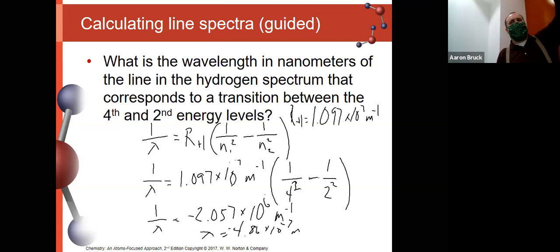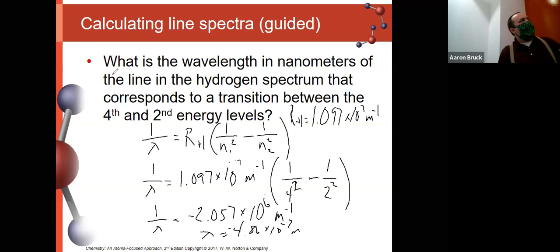So if I'm going from a higher energy level to a lower energy level, I'm going to see energy given away by the atom as it does so. And that's going to come off in the form of light. The light that's going to come off is going to have 4.86 times 10 to the negative 7th as its wavelength, otherwise known as 486 nanometers, which would correspond to, I believe, the teal line on that spectrum.